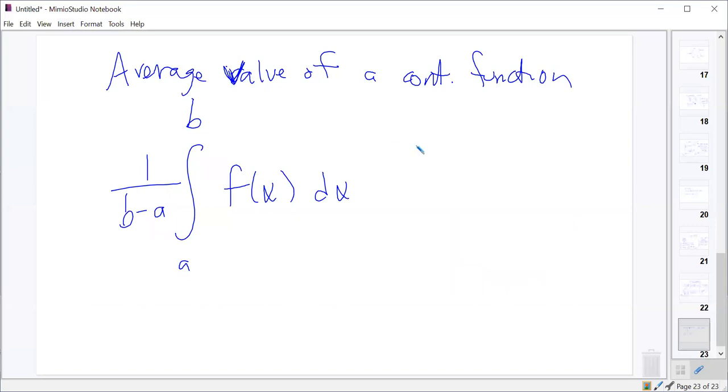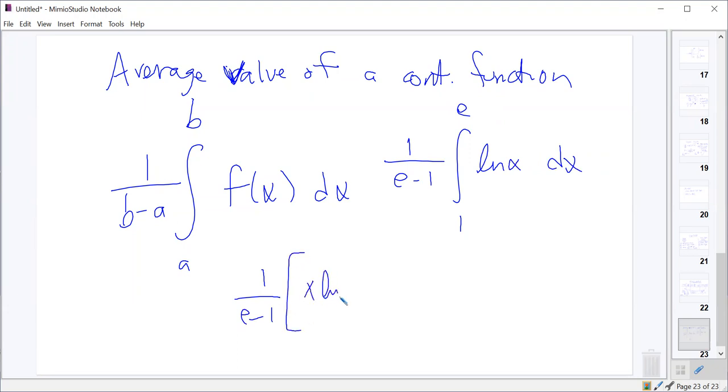Right, so if I asked you for the average value of natural log of x on the interval from 1 to e, let's say, we do 1 over e minus 1 times the integral from 1 to e of natural log of x. So we have 1 over e minus 1 times x ln x minus x, because you memorized that one, because I told you should, which gave you what here?